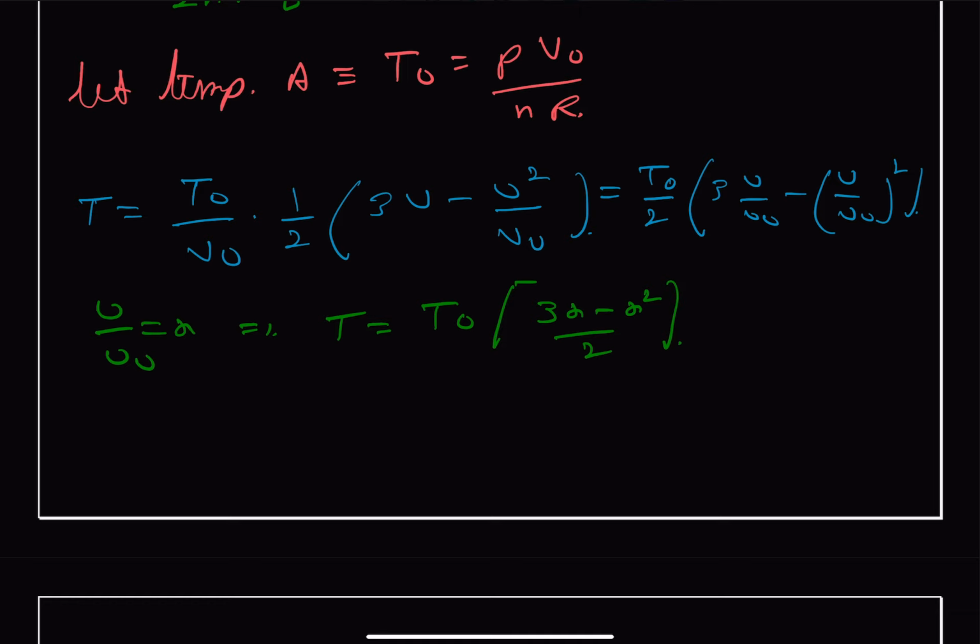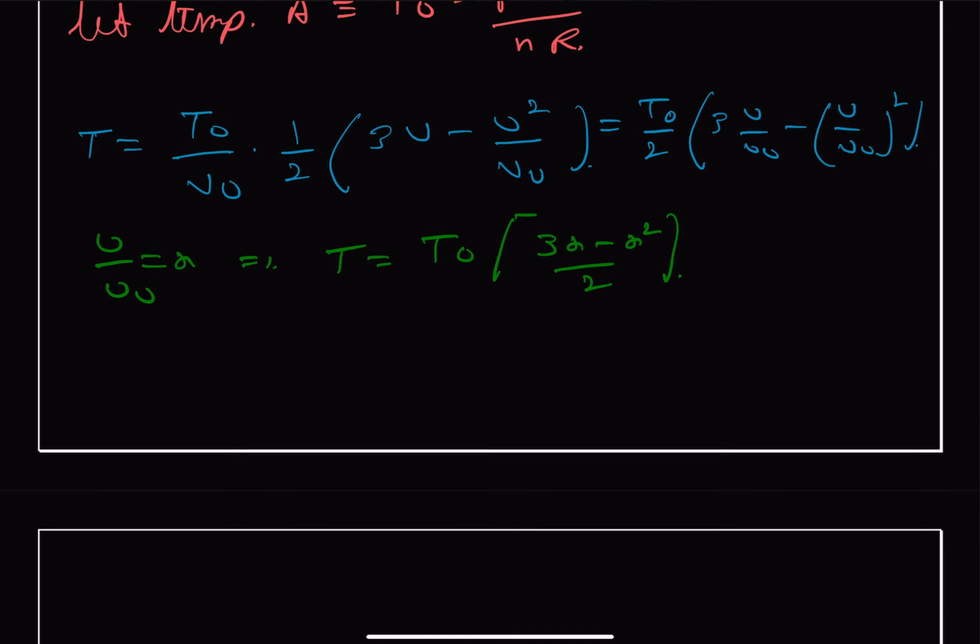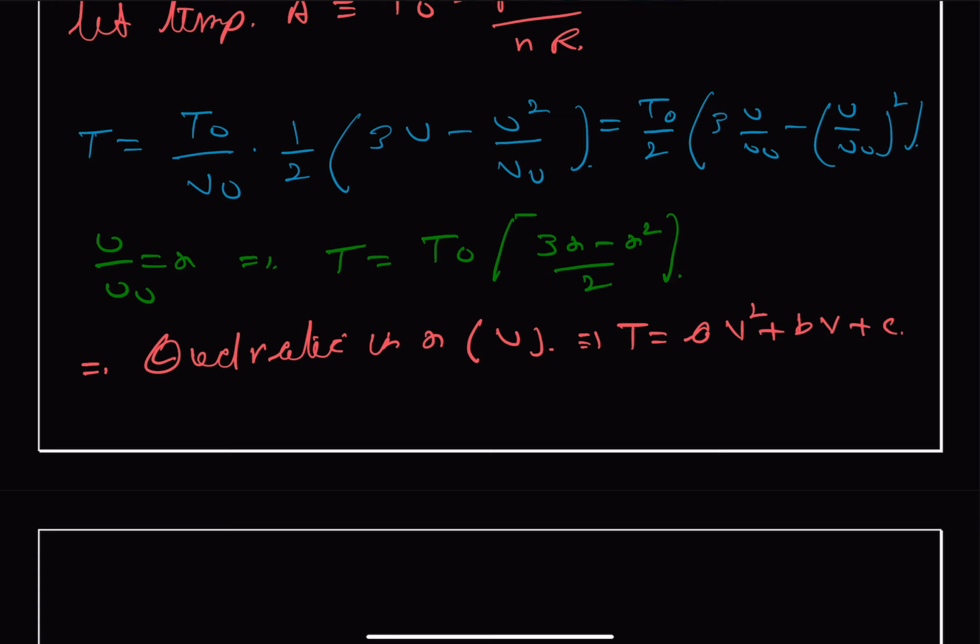So this equation is basically quadratic in x, or quadratic in terms of V. Therefore, we can write that T is equal to aV square plus bV plus c.